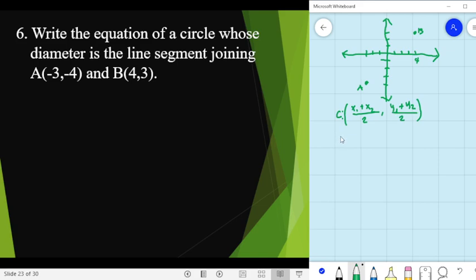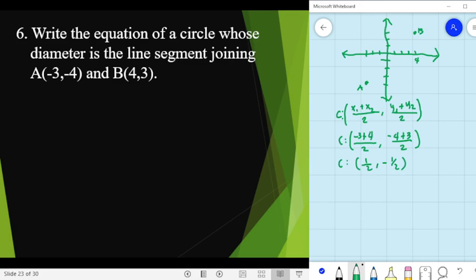Okay, so from here we have our first x is -3. So -3 plus the second x, which is 4, over 2, and we have -4 plus 3 over 2. Simplifying further, -3 plus 4 is 1, over 2, and -4 plus 3 is -1, over 2.